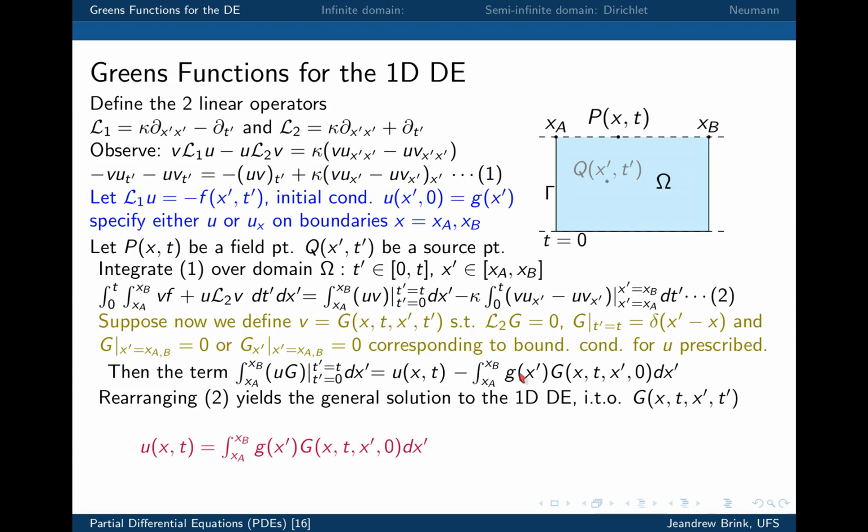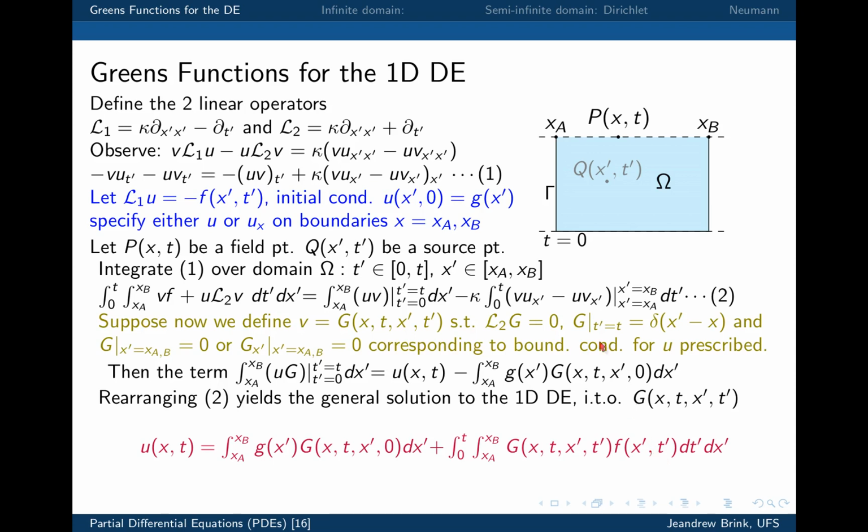I'm going to take this term to this other side, so it equals this integral, plus that term, which is just g times f integrated over your source points.